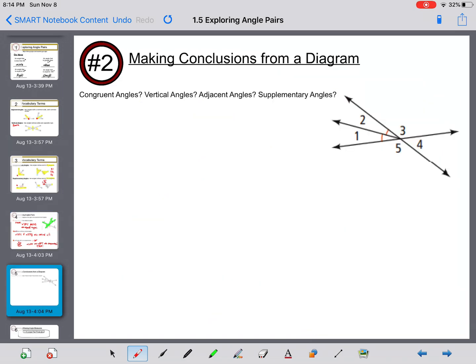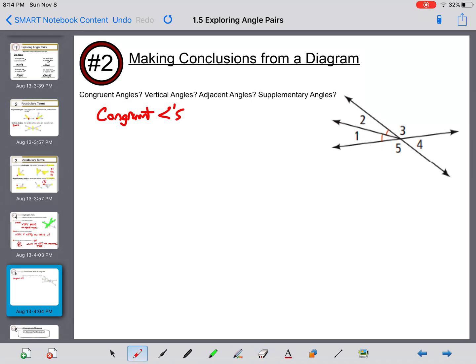Okay. This one, we're going to take a look at this diagram on the right, and we're going to write down some things that we notice about congruent angles, vertical angles, adjacent angles, supplementary angles. So let's take a look. Congruent angles. First thing we should notice is angle 1 and angle 2 have a tick mark or an arc.